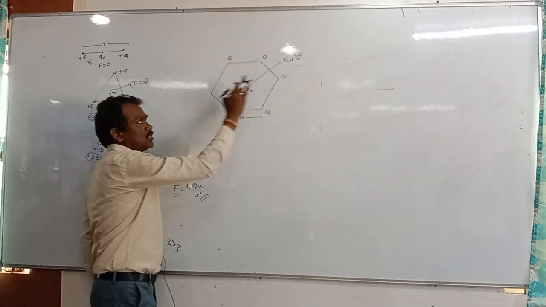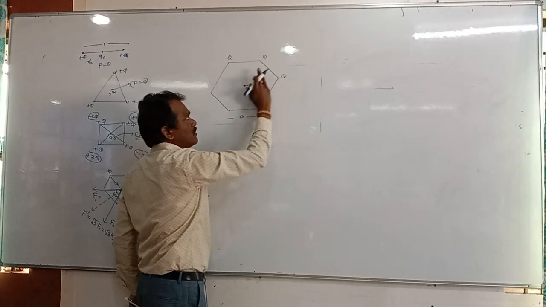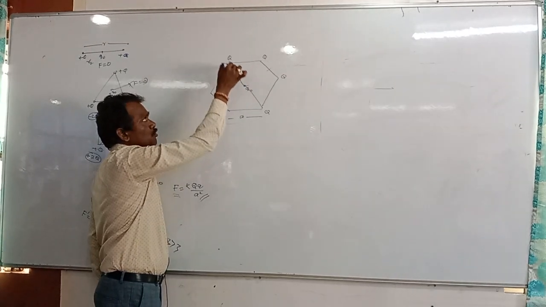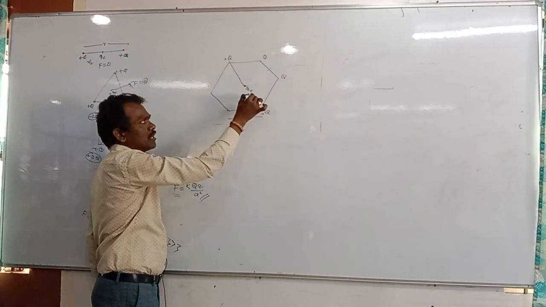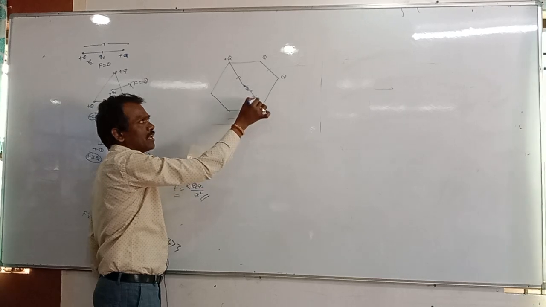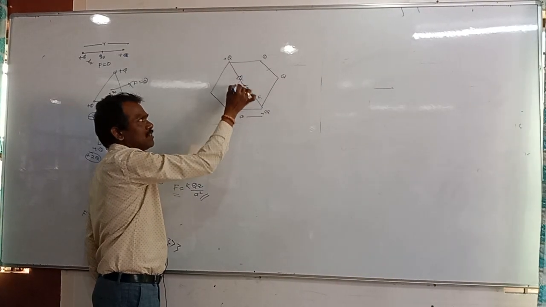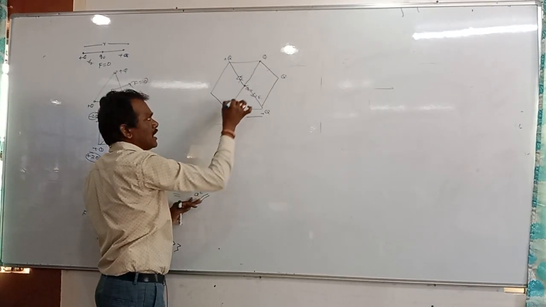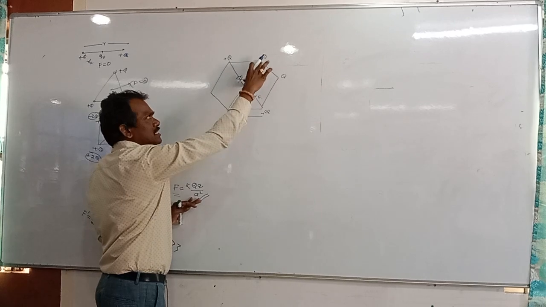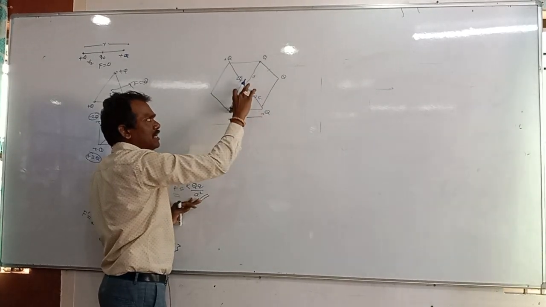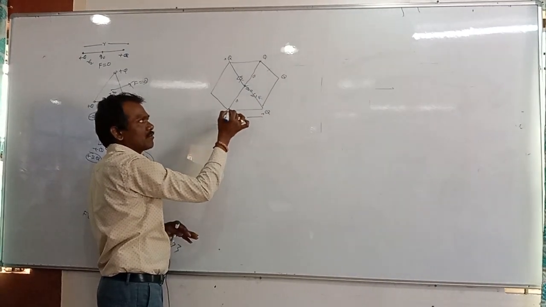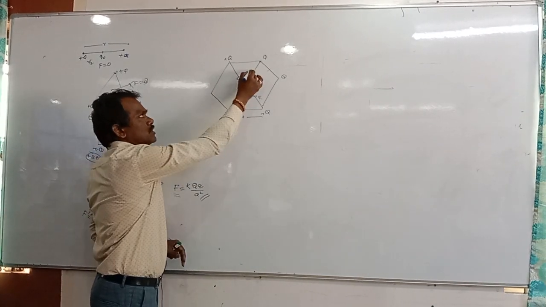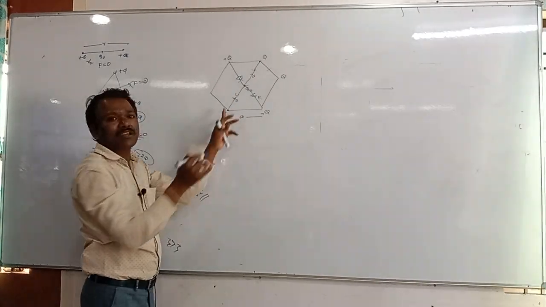If one charge is not there, some force will remain, right? Here, the forces F1 and F2 due to these opposite charges cancel each other. Here also, due to this charge, which is at an equal distance, the side of the hexagon, equal and opposite forces cancel out.